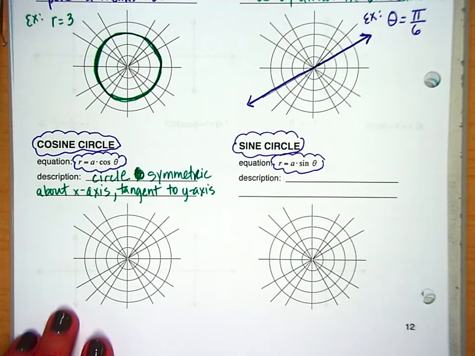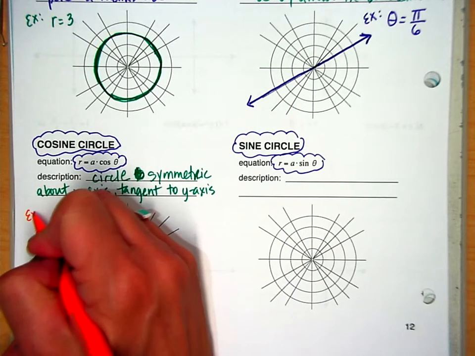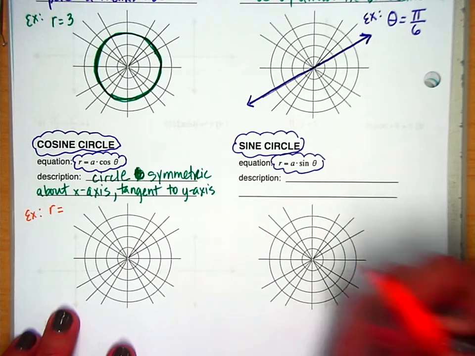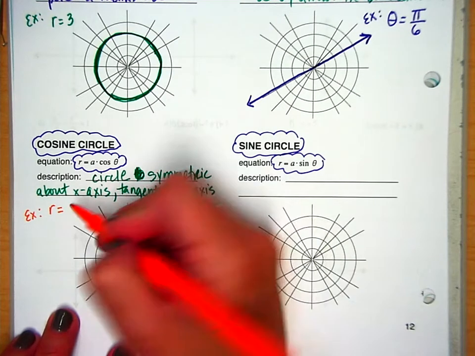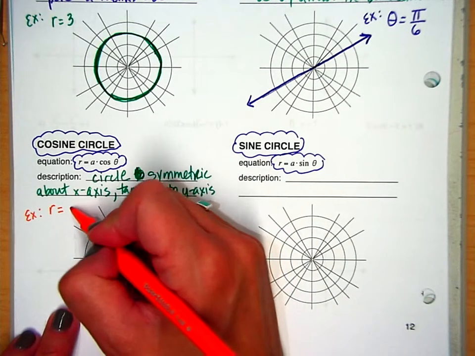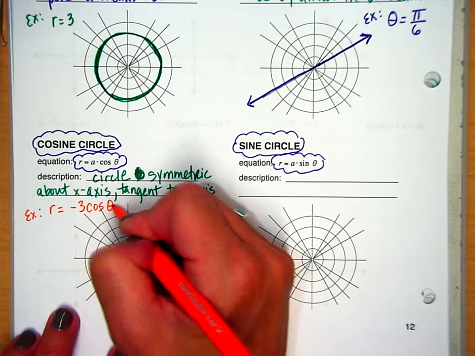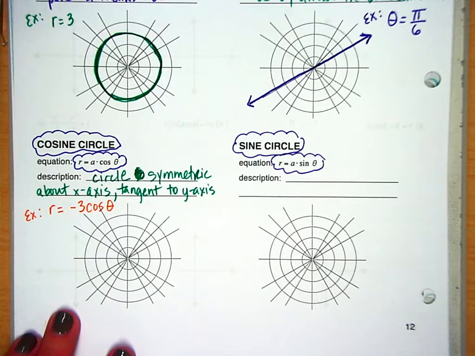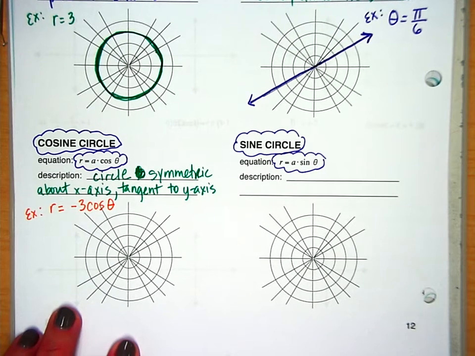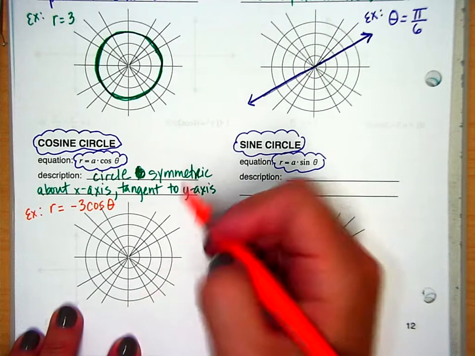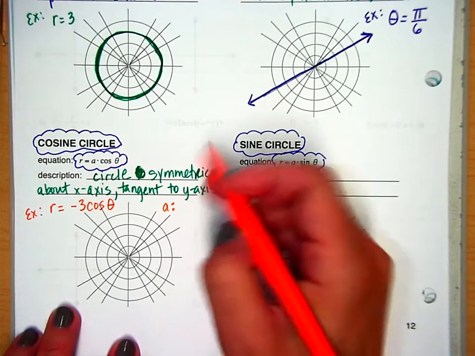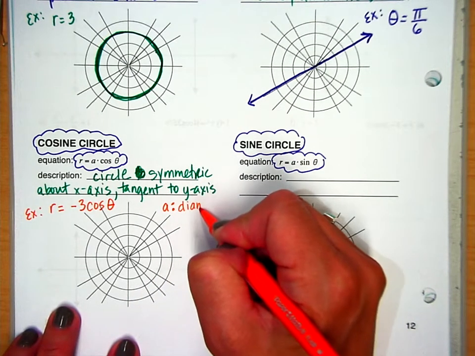Okay. So let's do an example. I'll give you some numbers. R equals, I'm going to go ahead and do negative 3 cosine of theta. All right, so what does the A represent and what does the negative represent? So A, let's write a little note here, is the diameter of your circle.